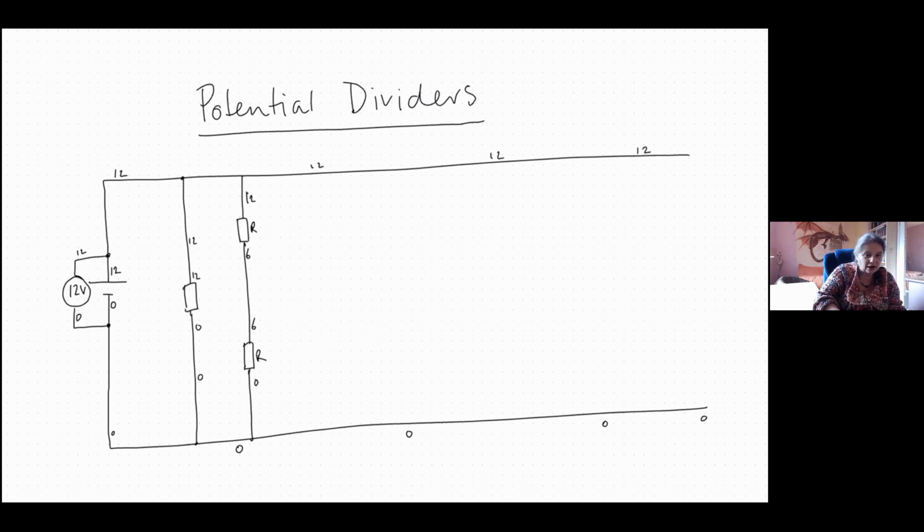Right, so now what I'm going to do is I'm going to do 3 identical resistors. Right, now remember that the potential is divided the same way that the resistors are divided. I've got 3 identical resistors.